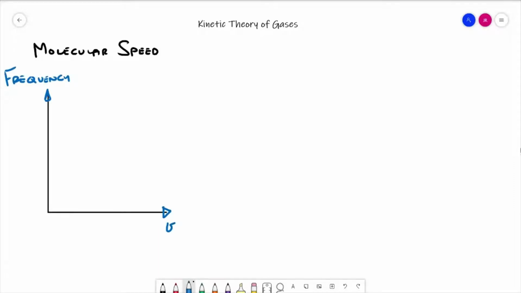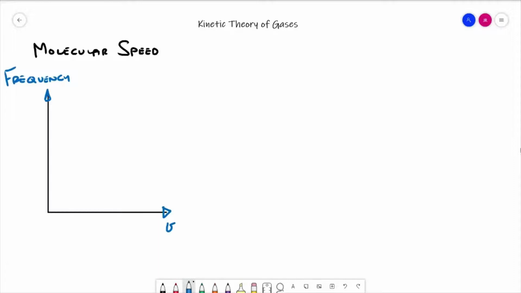So before I very simply draw this, what I want you to do is think about this yourself. Now, if we were to take a gas, and we were to have a look and we were to measure the velocity of every single molecule in that gas, and we were to plot a graph of that velocity, obviously on the x-axis, and the number of molecules that we've got at a particular velocity on the y-axis.